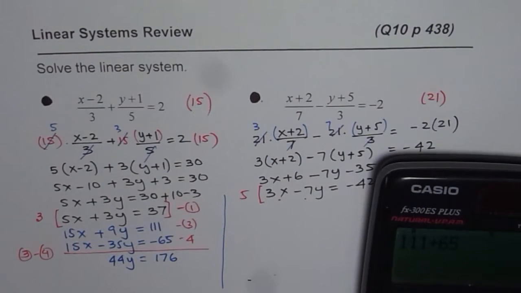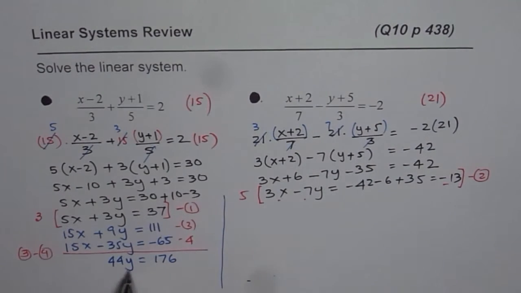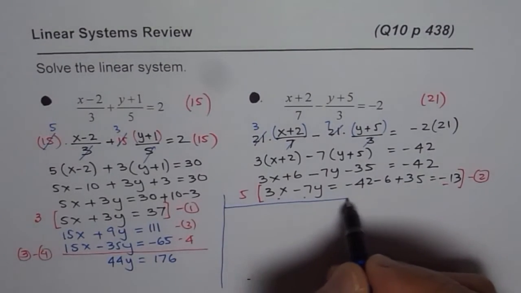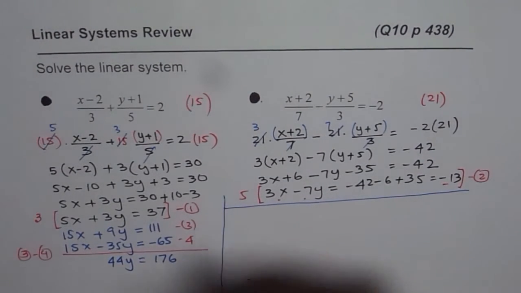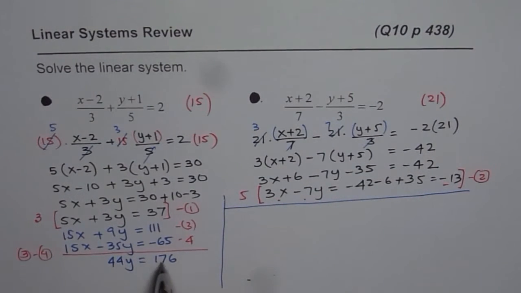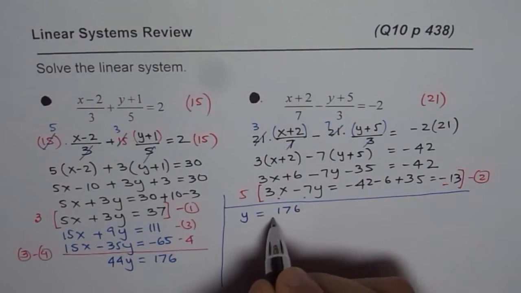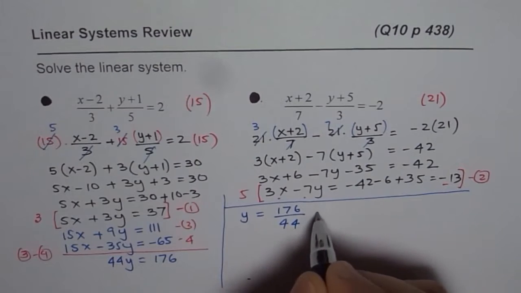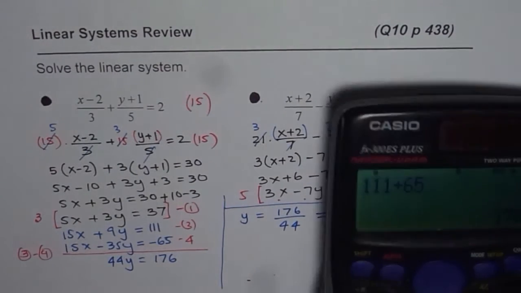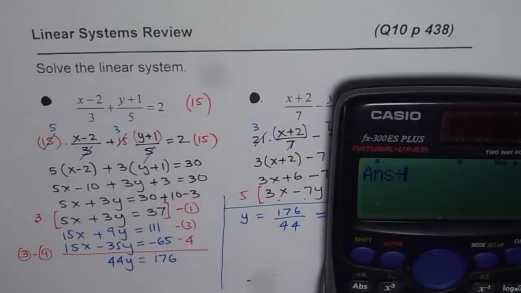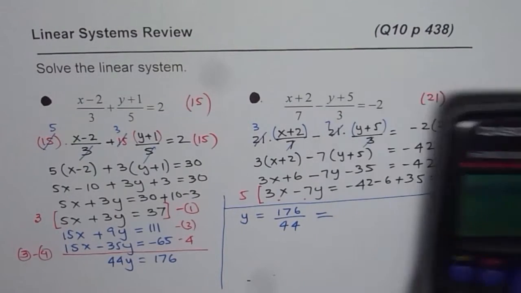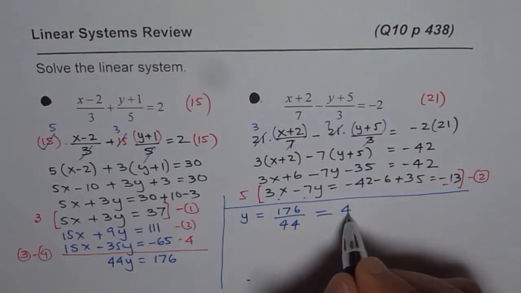That is your equation in y. So we have 44y equals 176, or y equals 176 divided by 44. 176 divided by 44 equals 4. So we get y as 4.